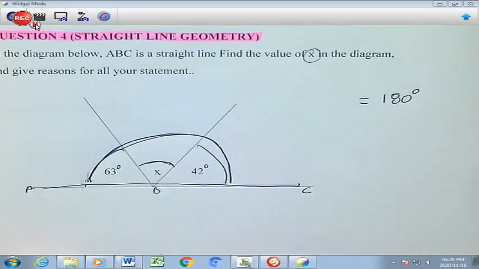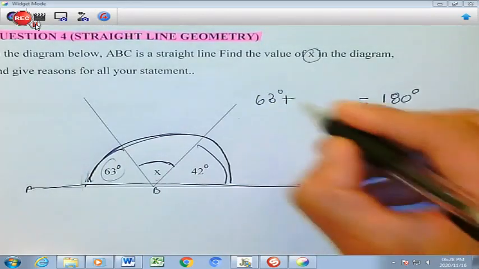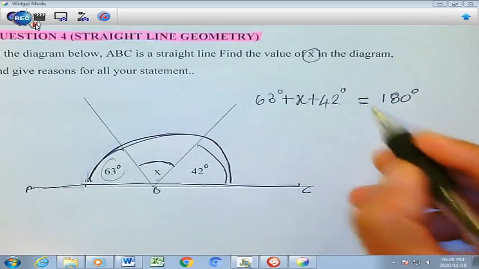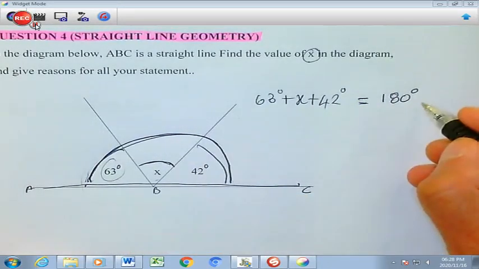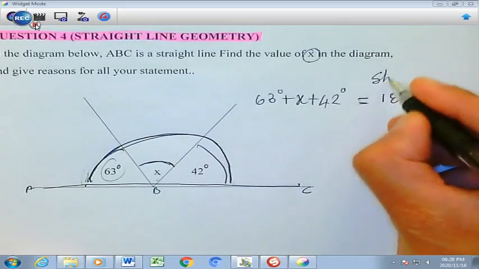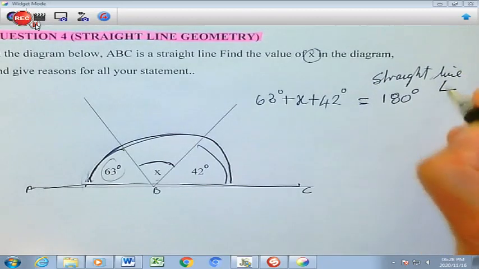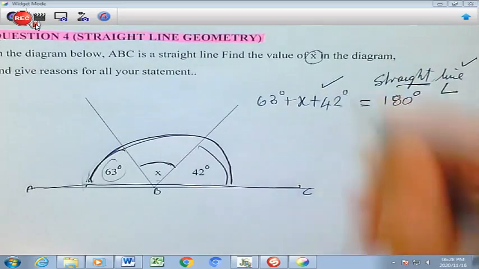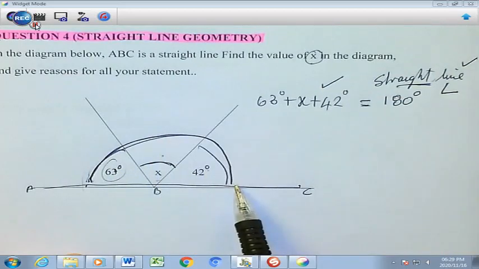So if I must write a formula, I'm going to say the 63 degrees plus x plus 42 degrees all equal to 180, because that is basically what I have. And my reason here is going to be a straight line angle. That is my reason. So I'm going to get a mark for my reason, and I'm going to get a mark for my formula. That plus that plus that all equal to 180.